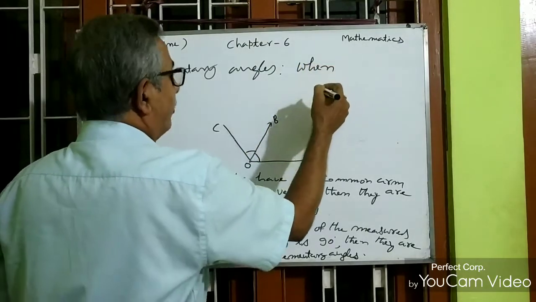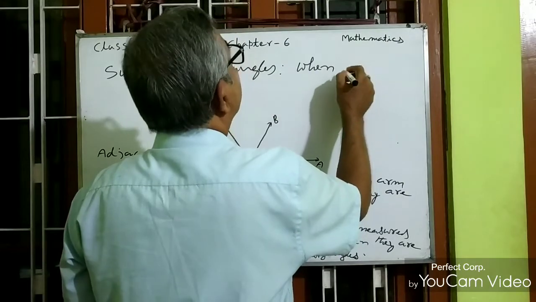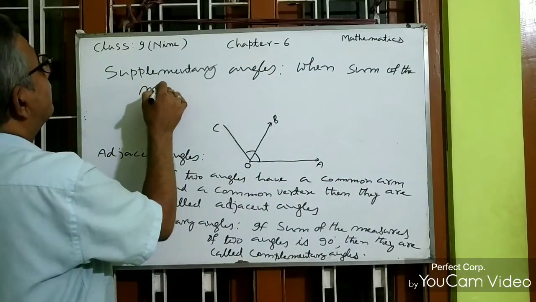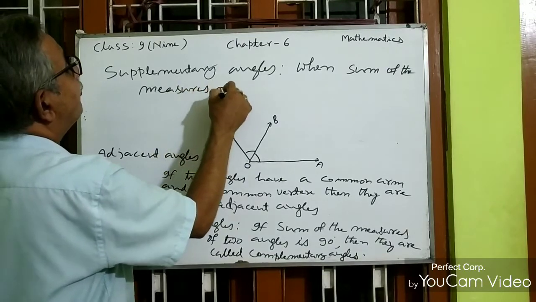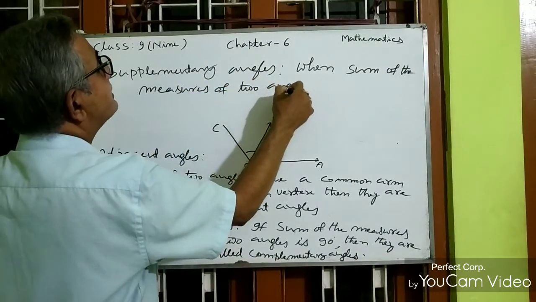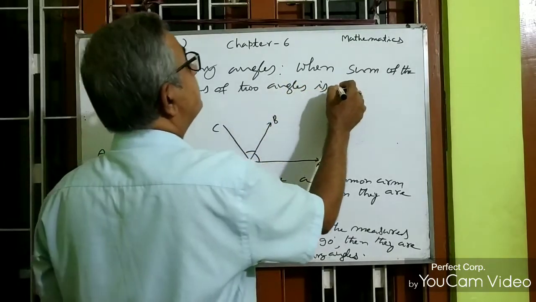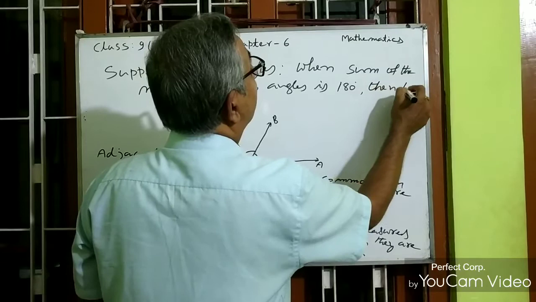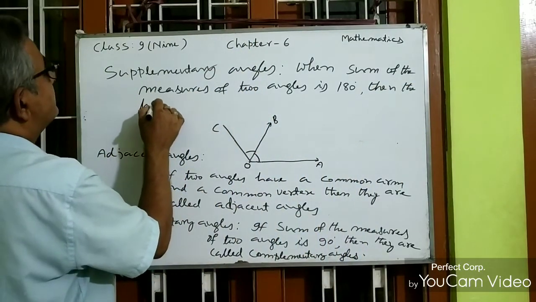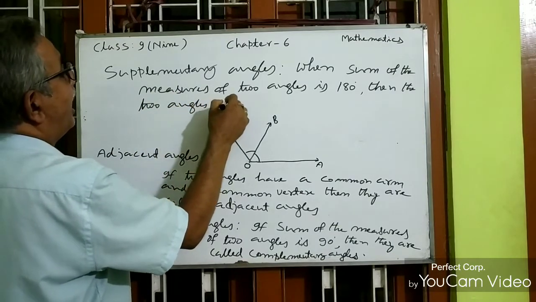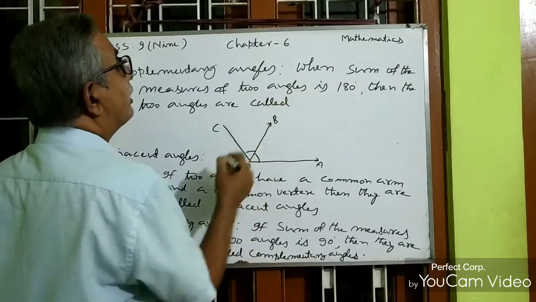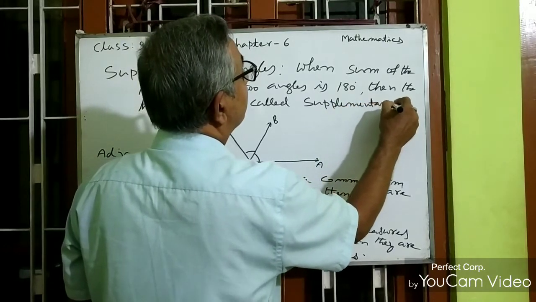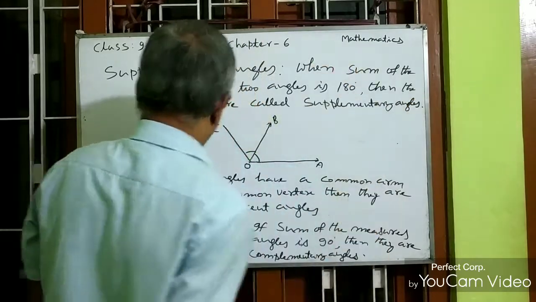Whenever the sum of the measures of two angles is 180 degree, then the two angles are called supplementary angles. So in this way you understood.